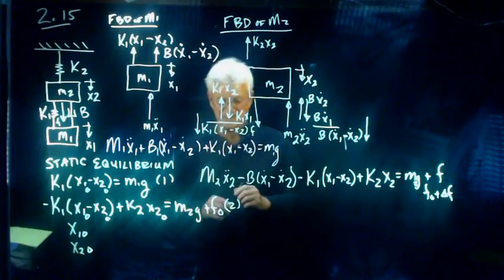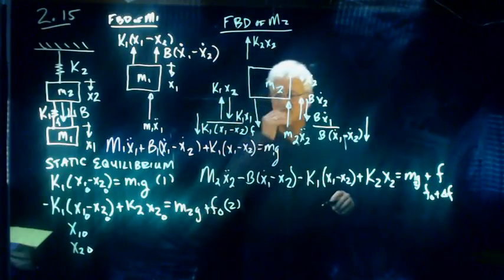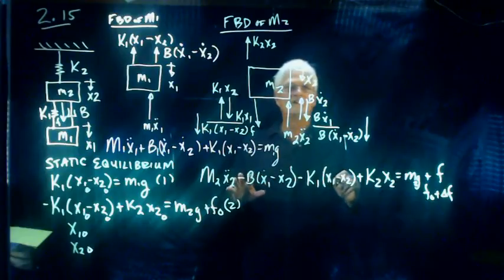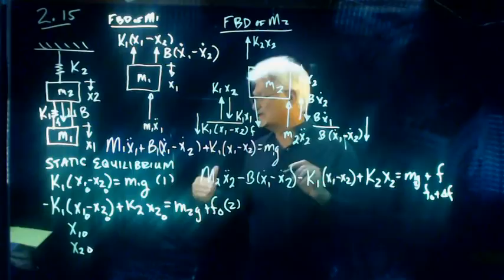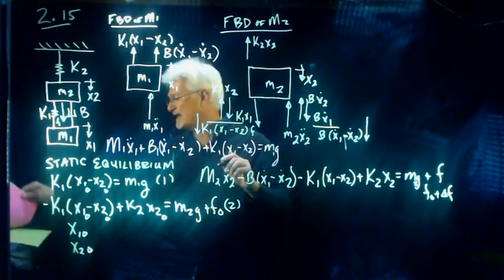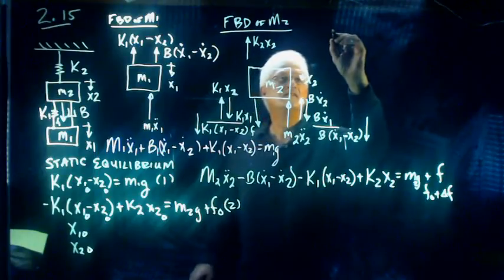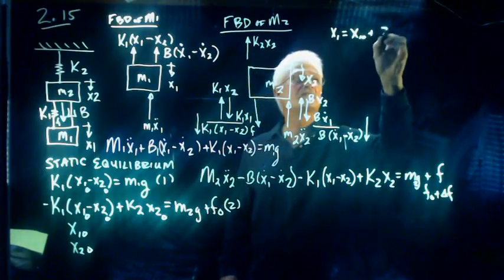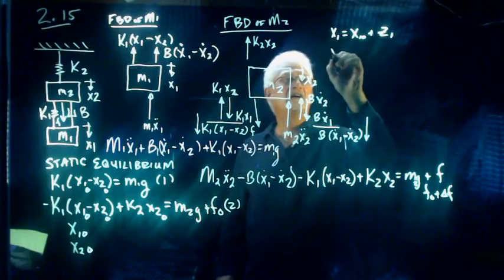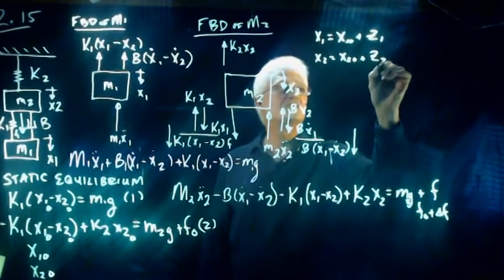Now I'm going to define a new 0 point. x1 is equal to x10 plus z1, and x2 equals x20 plus z2.